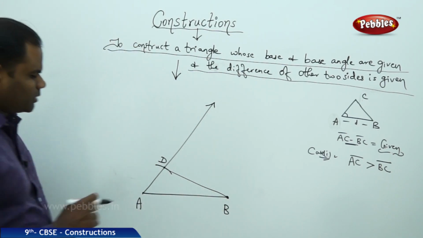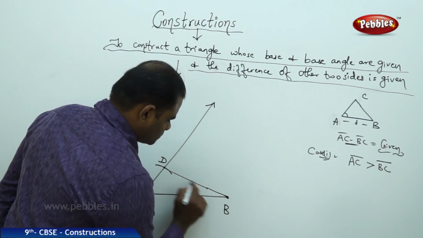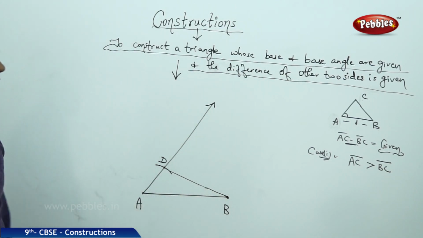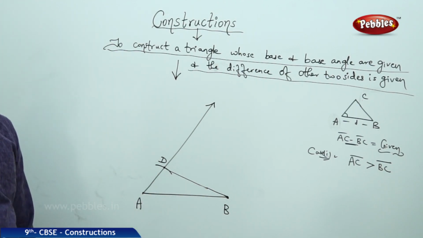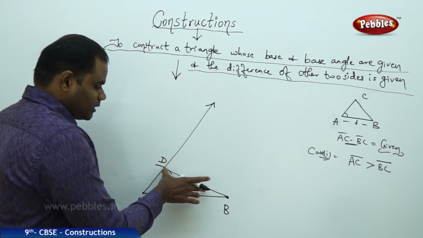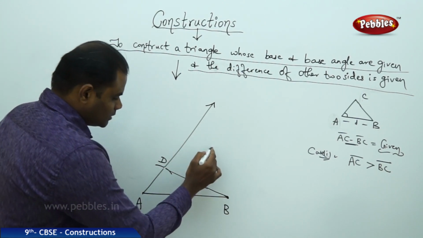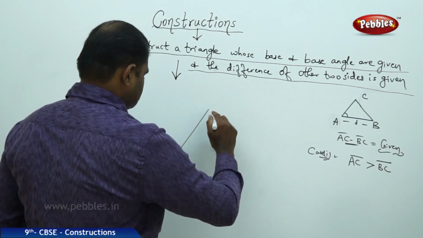After I join BD, I get a straight line which is like this. For this line BD, I draw the perpendicular bisector. We all know how to draw the perpendicular bisector. Take the pointer, take more than half and cut an arc. I get a perpendicular bisector here.